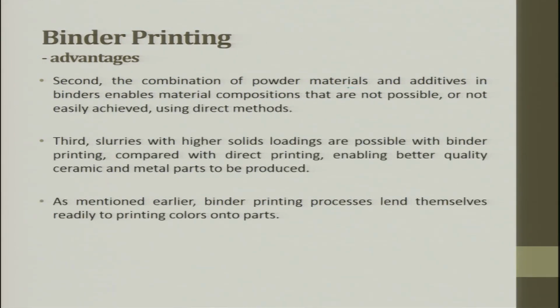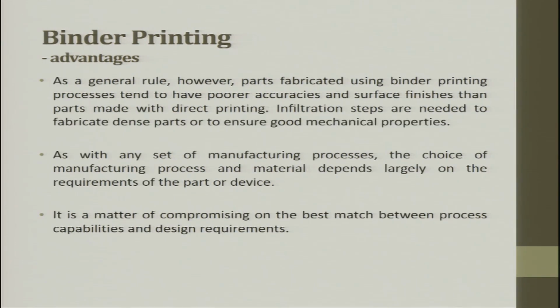Second, the combination of powder material and additives in binder enables material compositions that are not possible and not easily achievable with direct methods. Third, slurries with higher solid loads are possible with binder printing compared with direct printing, enabling better quality ceramics and metal powders. As mentioned earlier, binder printing processes lend themselves readily to printing colors on top of parts.